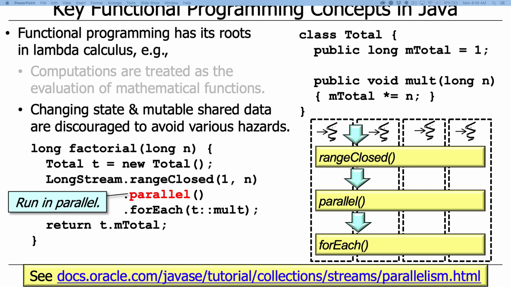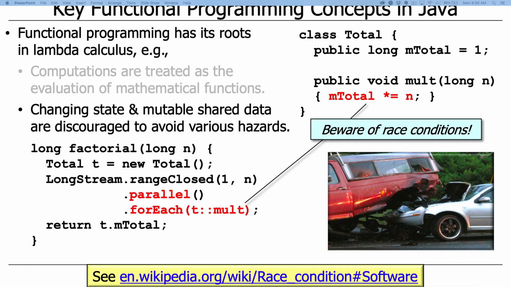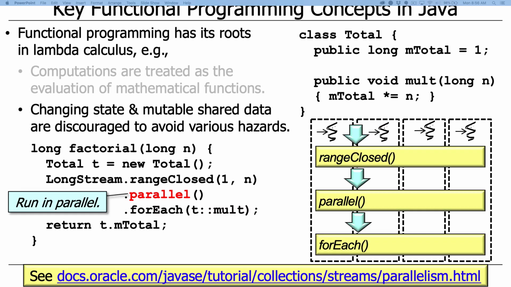And as they're running in parallel, you can see that for each of these threads running on the different cores, we're going to go ahead and multiply the value of m total by n. And the problem here is that m total is shared because there's only one instance of it, and yet all these different threads are multiplying this thing at the same time, and there's no protection for those values.